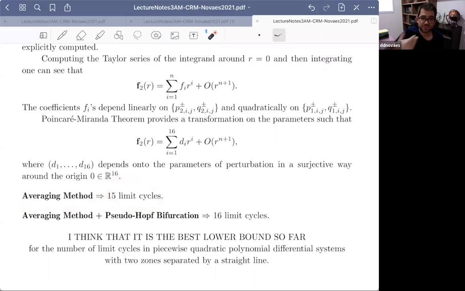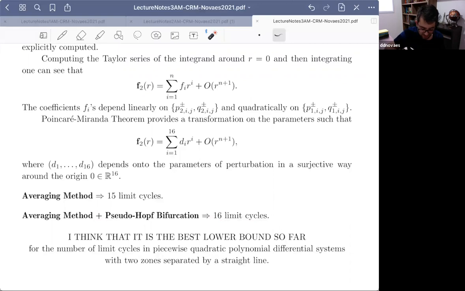Here, I'm still assuming that the polynomial perturbation vanishes at the origin. So after obtaining 15 limit cycles, we can add the independent coefficient and obtain an additional limit cycle through a pseudo-Hopf bifurcation. Then we obtained a quadratic system with 16 limit cycles.